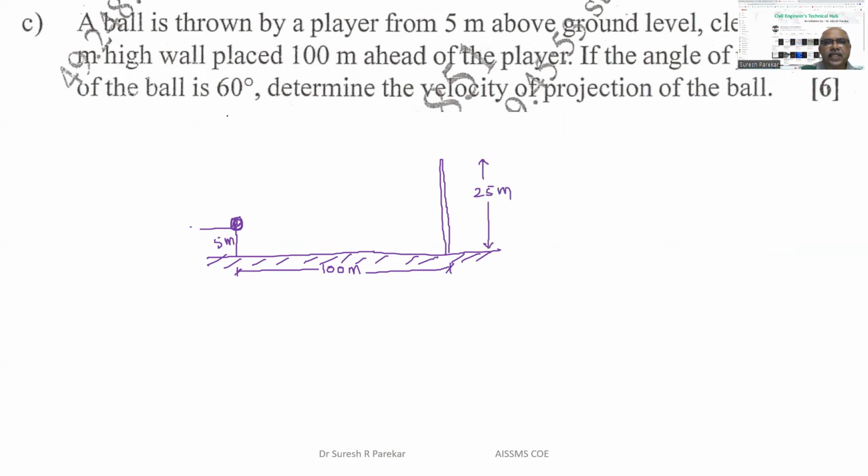If the angle of projection of the ball is 60 degrees, now the velocity angle. So let this velocity be V, making angle 60 degrees with horizontal. Determine the velocity of projection. Now I already told you, you have to go with two axes. First the x-axis, and another the y-axis.